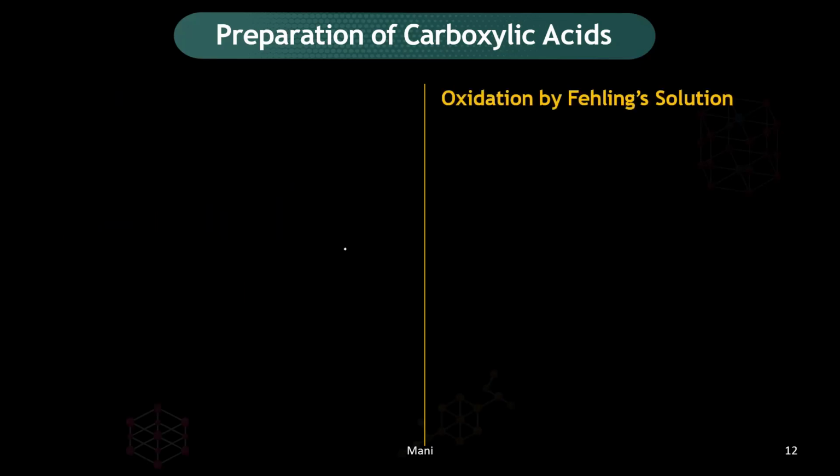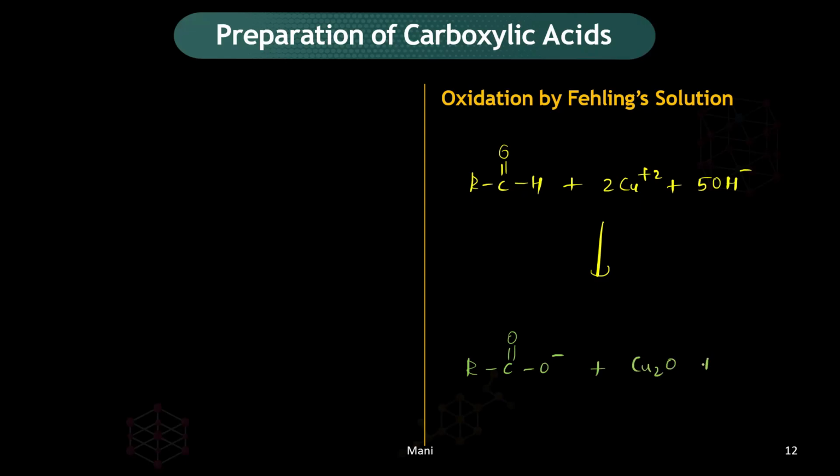So Fehling solution. What happens in this Fehling solution? Again, there's an RCHO aldehyde with 2Cu2+ and 5OH minus. The reaction will happen and result in the formation of the carboxylic acid or the carboxylate ion, Cu2O and water.